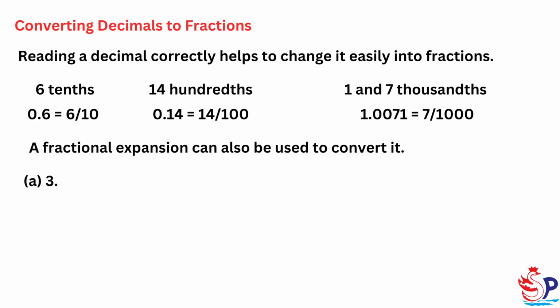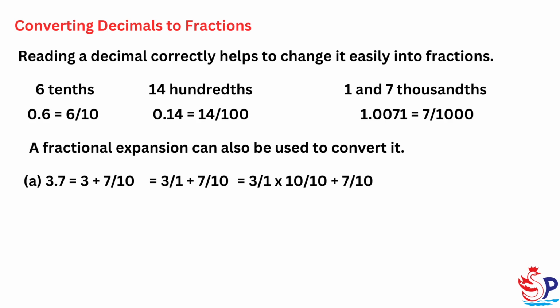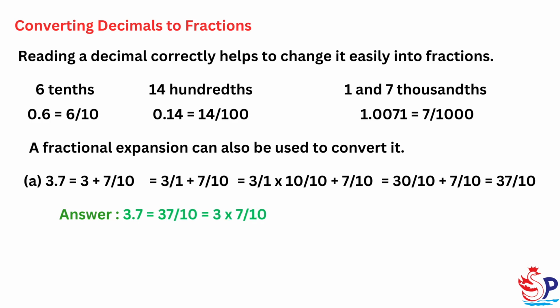A. 3.7 equals 3 plus 7/10, equals 3/1 plus 7/10, equals (3×10)/(1×10) plus 7/10, equals 30/10 plus 7/10 equals 37/10. Answer: 3.7 equals 37/10 equals 3 and 7/10.